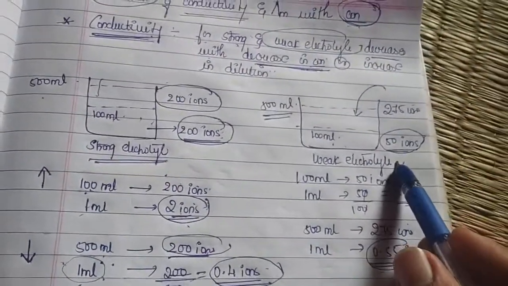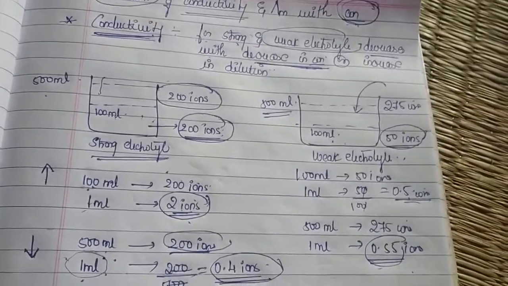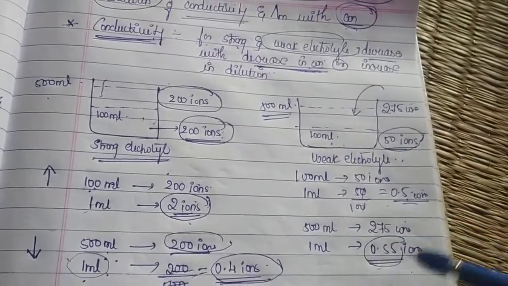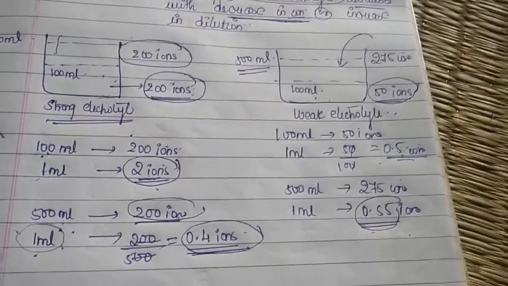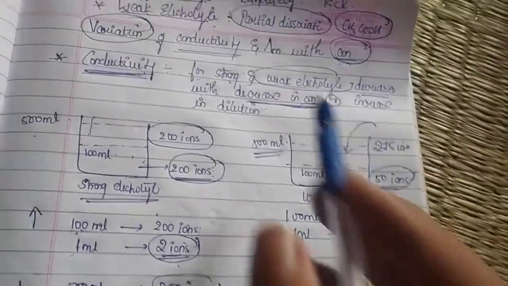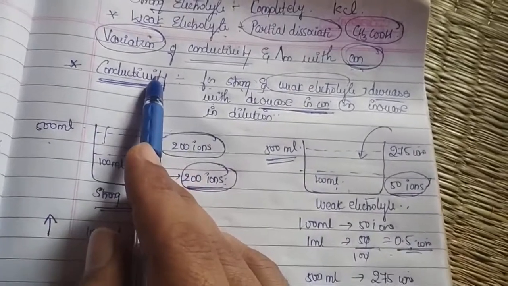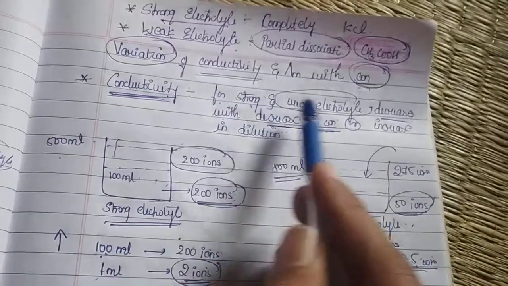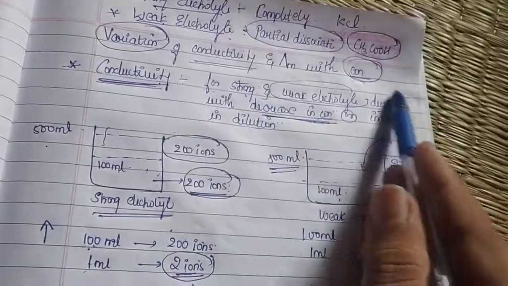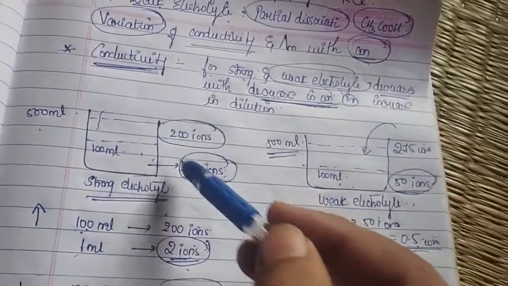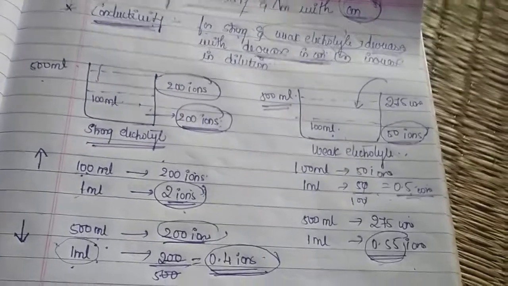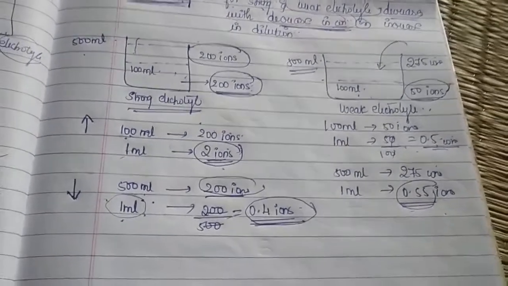In the weak electrolyte we are not observing such a drastic decrease, and whatever the increase is, it is very negligible and could be neglected. For that reason, for both strong and weak electrolytes, conductivity decreases with decrease in the concentration.